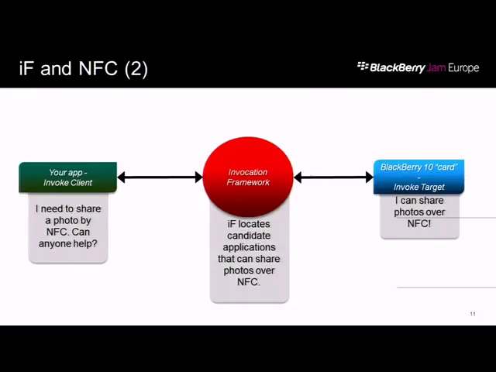I know how to write data out to an NFC device or a peer. So you say, I want to send my photograph. Can anybody help? The Invocation Framework locates candidate applications that can share photographs over NFC, and of course it finds one. Data interchange, bang, you've just actually shared a photograph or data over NFC without knowing how to talk to a tag yourself. Use the Invocation Framework wherever possible. Very, very powerful capability.